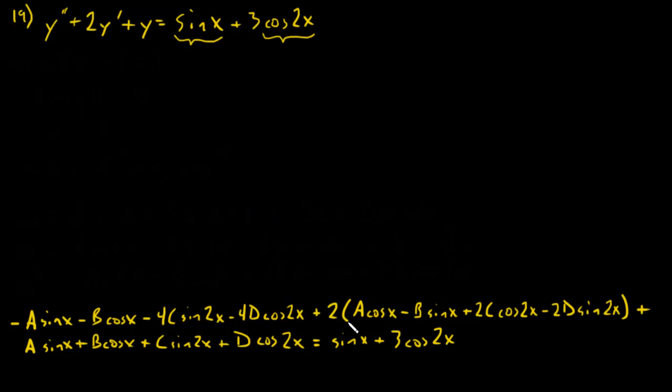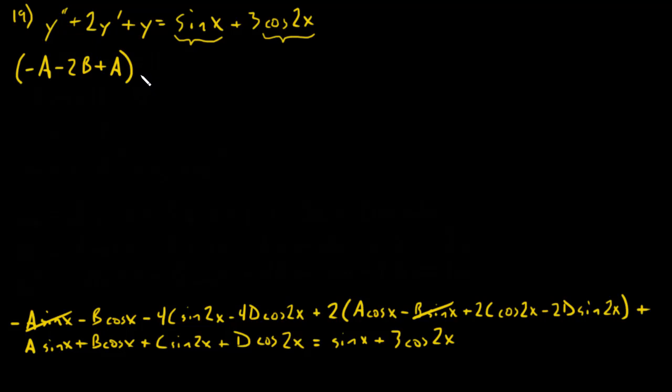So now I need to gather my like terms. Let's start with the sine x's. I want to turn my page so I can follow along and don't make any mistakes. But then again, I never make mistakes. All the sine x terms: I've got negative a, minus 2b, and then plus a.